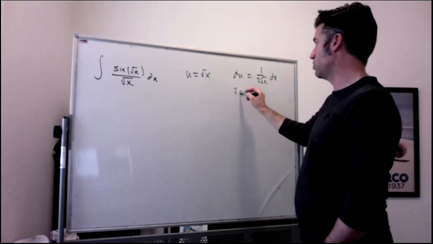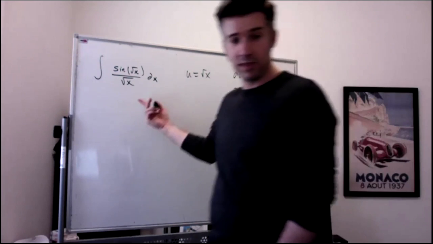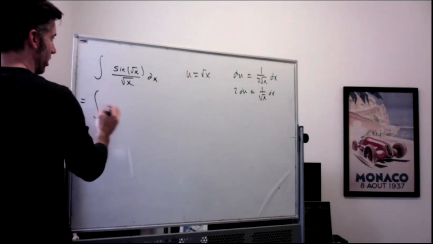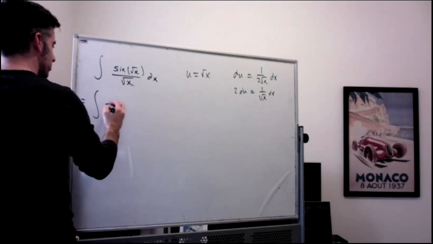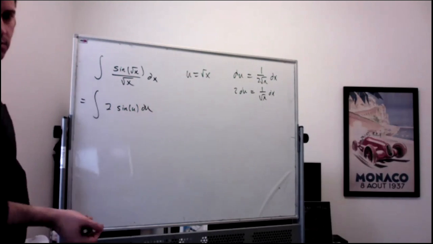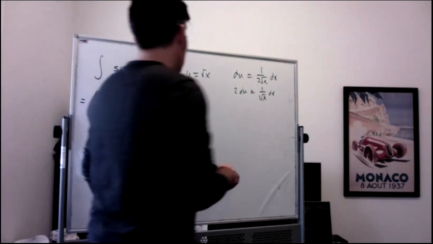So you get 2 du equals 1 over root x dx. So this problem is a U sub. And it ends up integrating as the integral of sine of u times 2 du. And so you get negative 2 cosine of square root of x.